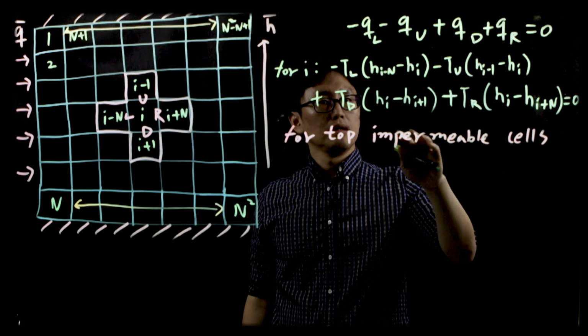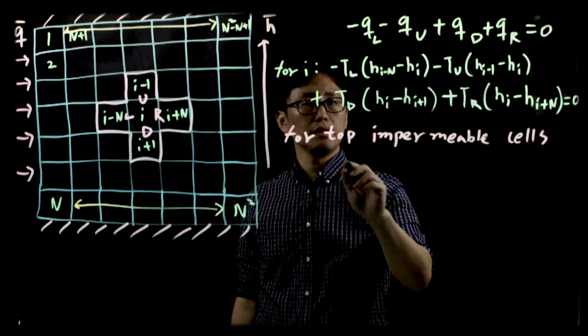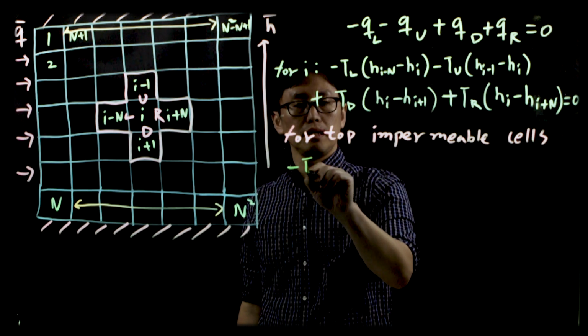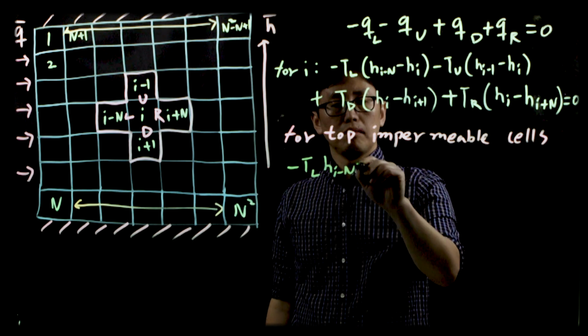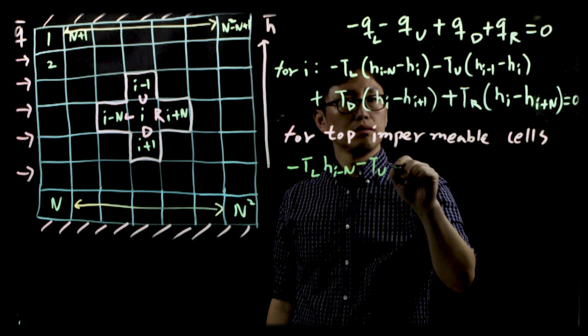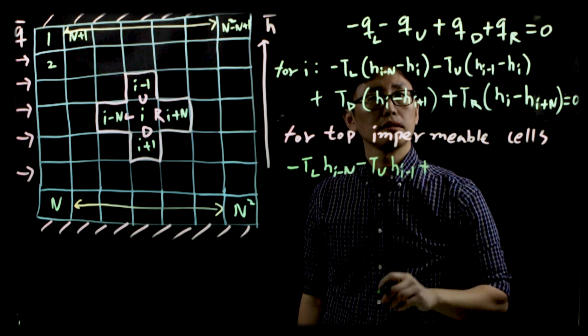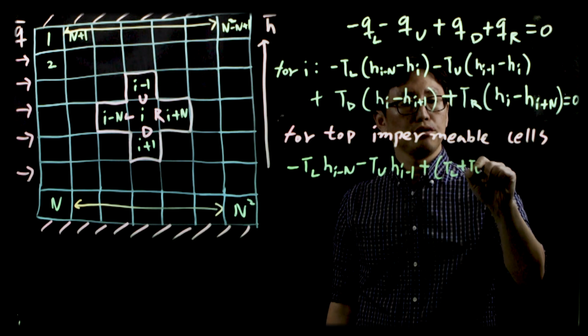So then the top impermeable cells will be expressed by minus TL HI minus N minus TU times H minus 1 plus TL plus TU.